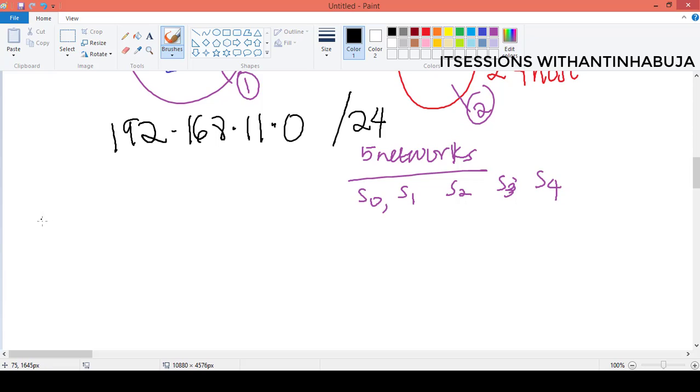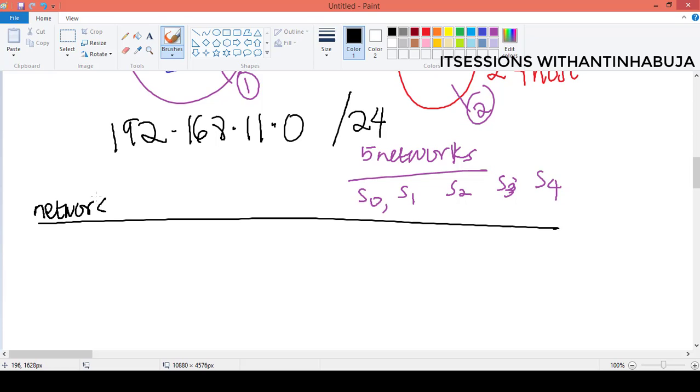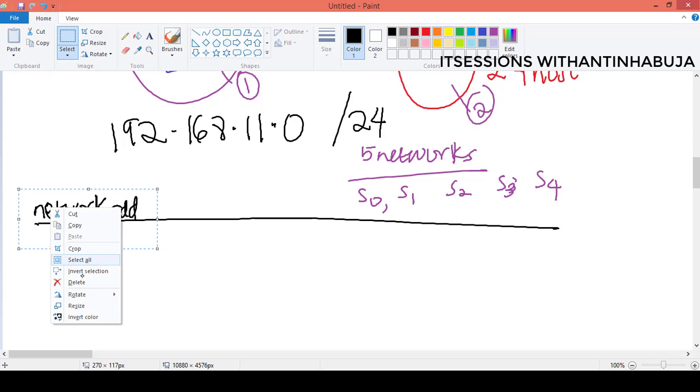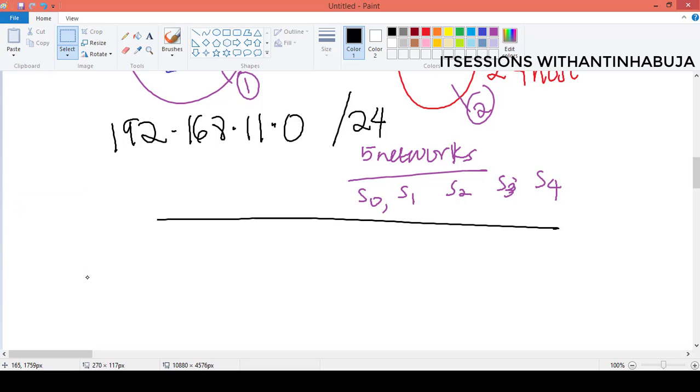So we now create a table. For this table, the first thing we have is our number of hosts.